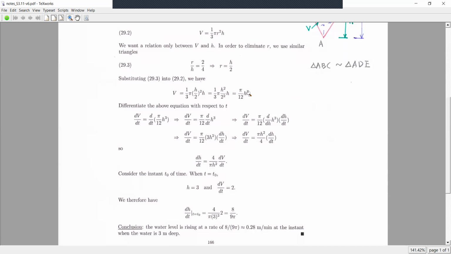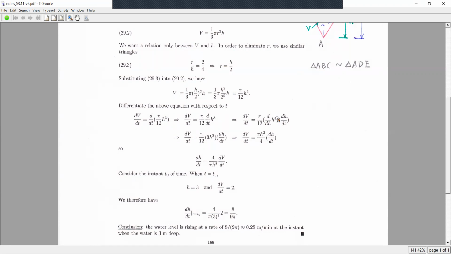Now, take the derivative with respect to the time t, then we have this equation. Move out the constant. To compute the derivative of H to the third with respect to the time t, we need the chain rule. Write this derivative as this derivative times this derivative.